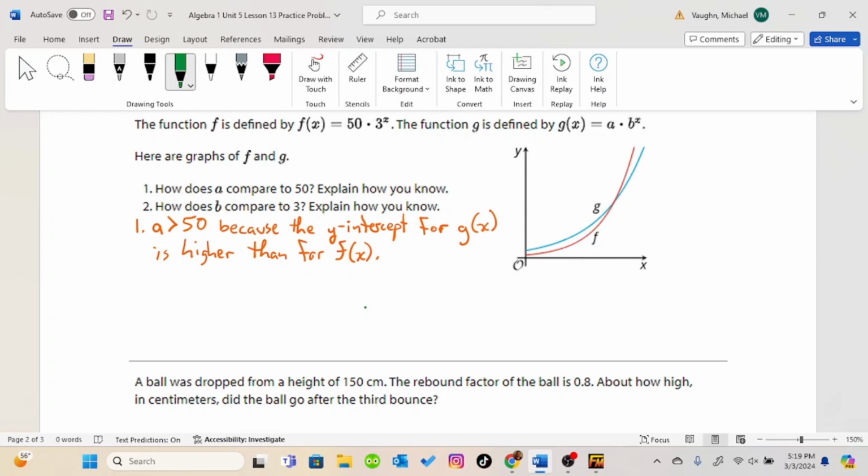And if the growth factor for f is 3, and that growth factor is larger than the growth factor for g, then b must be less than 3 because g of x is growing slower than f of x.